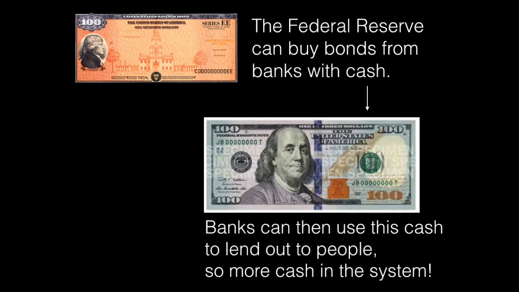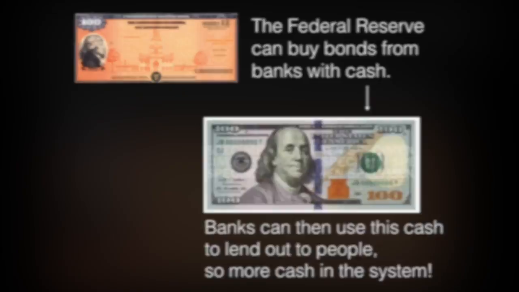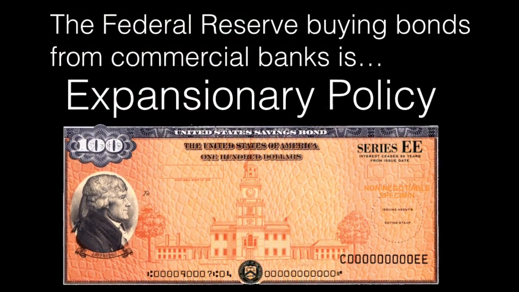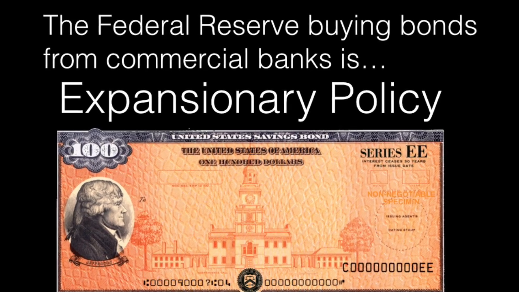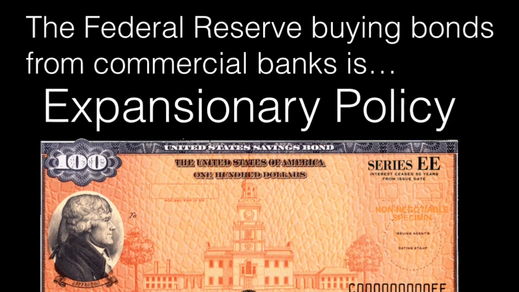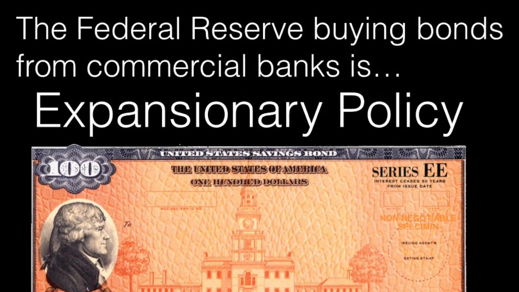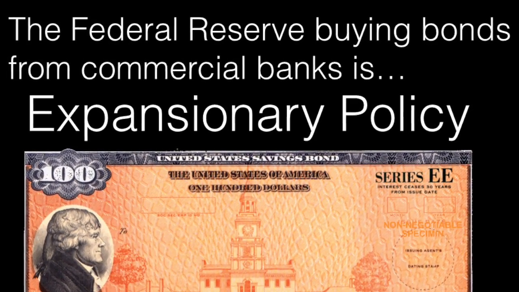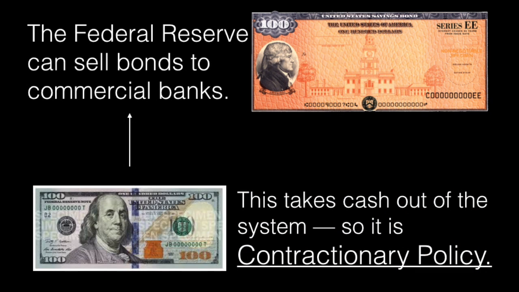So if the Federal Reserve wants to do expansionary policy, it buys up bonds from banks, and that releases cash into the system. And if it wants to do contractionary policy, it starts to sell off more of the bonds that it's holding, and therefore it sucks up the cash from the system.